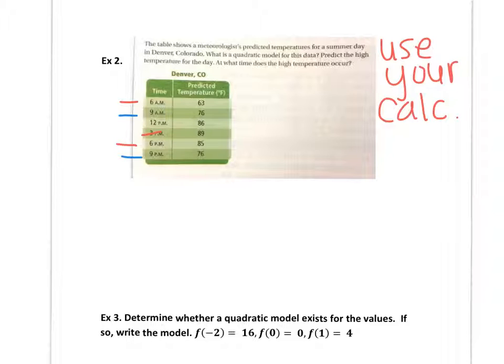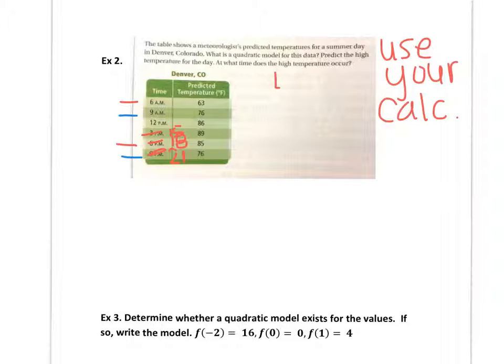I'm going to change that value to 15 just to plug it into my calculator. So then same thing with 6 p.m., add 3 to that. So that value is now going to become 18. And then 9 p.m. is going to become 21. So you can kind of adjust your table, okay?